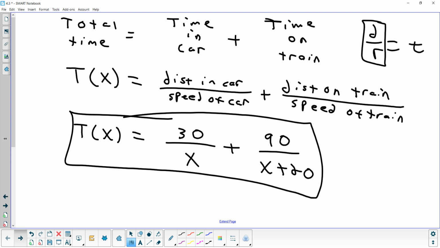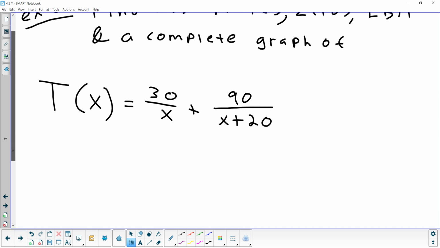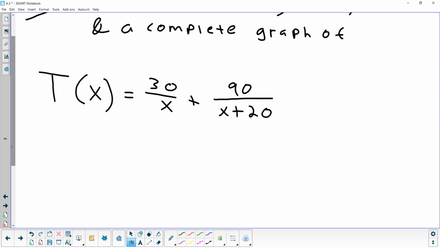All right, so now we're going to analyze that a little bit by finding asymptotes, roots, end behavior, and then we'll do a sketch. For some of the things they want us to find, it's going to be easier if we had one fraction. I have two separate fractions.